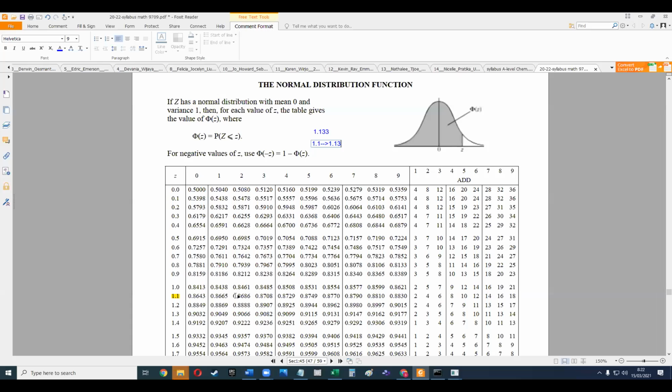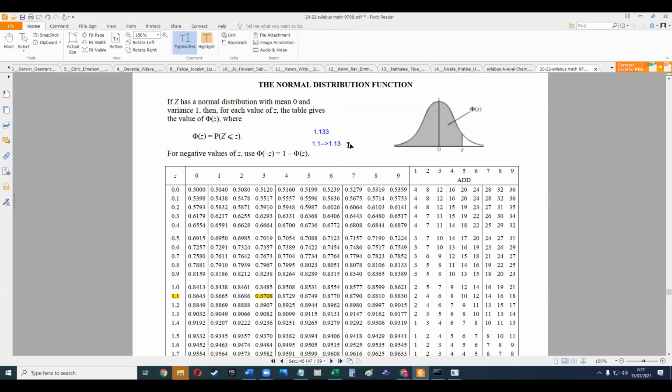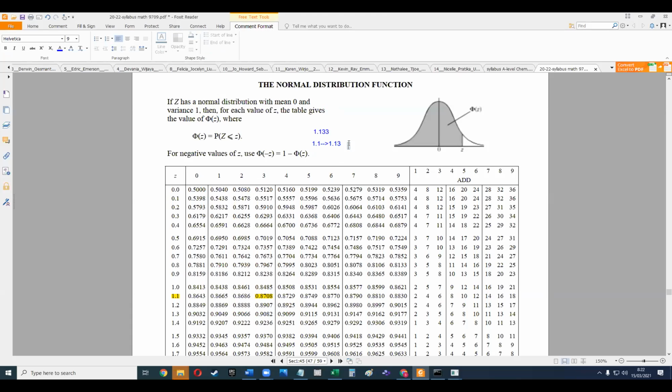Go to the right until we see the 3 there. So here it is. So now we have them here. This is 1.13. So for 1.13, we have 0.8708.